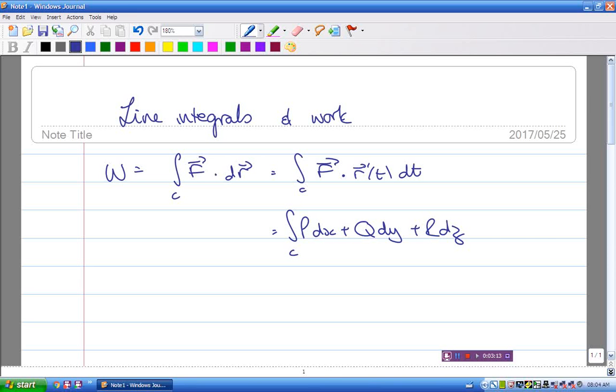Okay. I am going to demonstrate with exercise 10 in your handbook, if I'm not mistaken. Yes. The force is 4xy, 3x squared. Calculate the work done in moving a particle from 0, 0 to 1, 1 along y equals x and then y equals x squared.